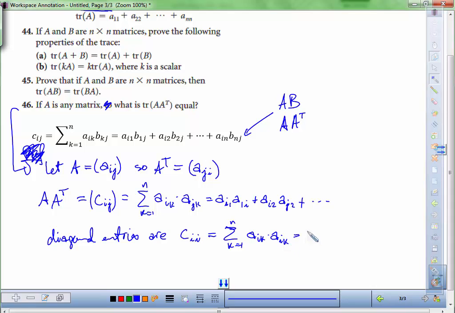So this is just the sum, k goes from 1 to n, of a_ik squared. And what is that more explicitly? If we let k go from 1 to n, it'll be a_i1 squared plus a_i2 squared plus a_i3 squared all the way up to a_in squared.